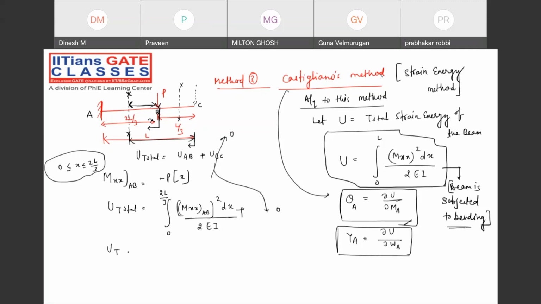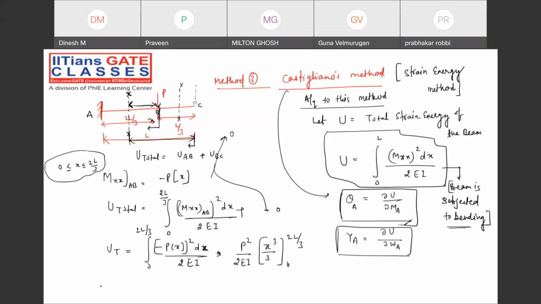So the total strain energy is minus P into x whole square dx divided by 2EI from 0 to 2L by 3. And this value will be P square divided by 2EI, x cube divided by 3, from 0 to 2L by 3.